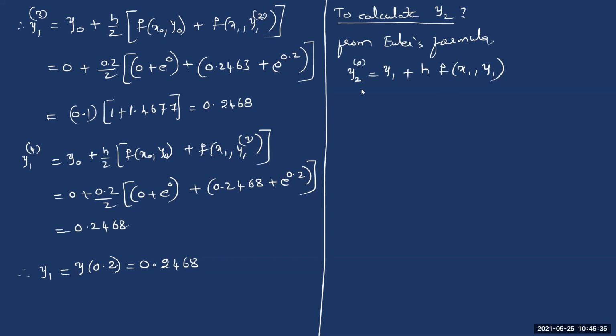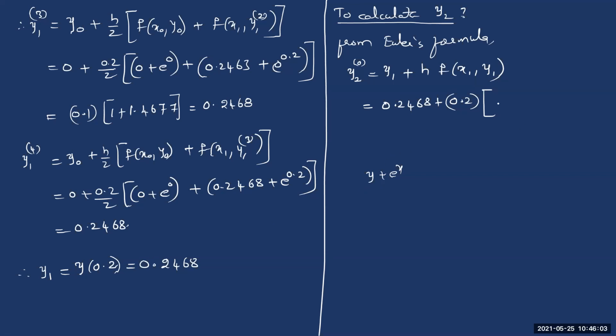Since we are calculating y2, we'll use its previous values, which are x1, y1. So this is equal to 0.2468, which is what we got for y1, plus h into, h is actually, as we know, still 0.2, then f of x1 comma y1. The function f of x y is y plus e power x. In this function, we need to substitute y equals y1 and x equals x1.